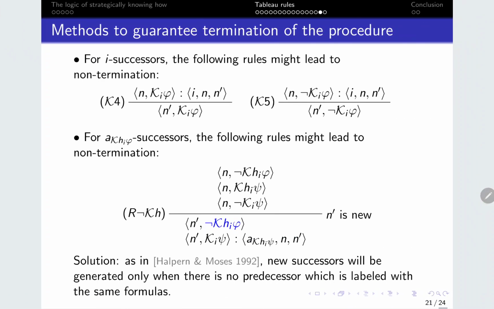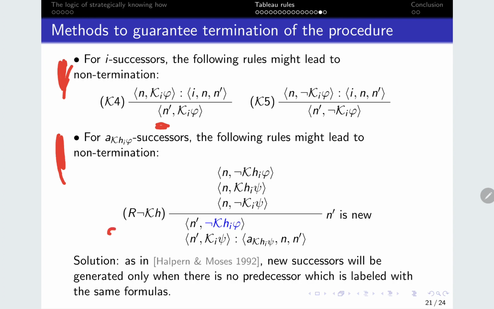The reason is these two situations. For the key 4 and key 5 rules, we know that each successor N prime will inherit the know-that formulas and the negation know-that formulas.